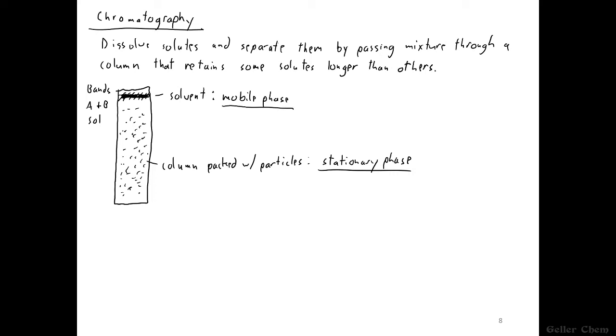To give a bit more detail on both of these phases, we will say that the mobile phase flows through the column and carries solutes, or just sols for short, with it.